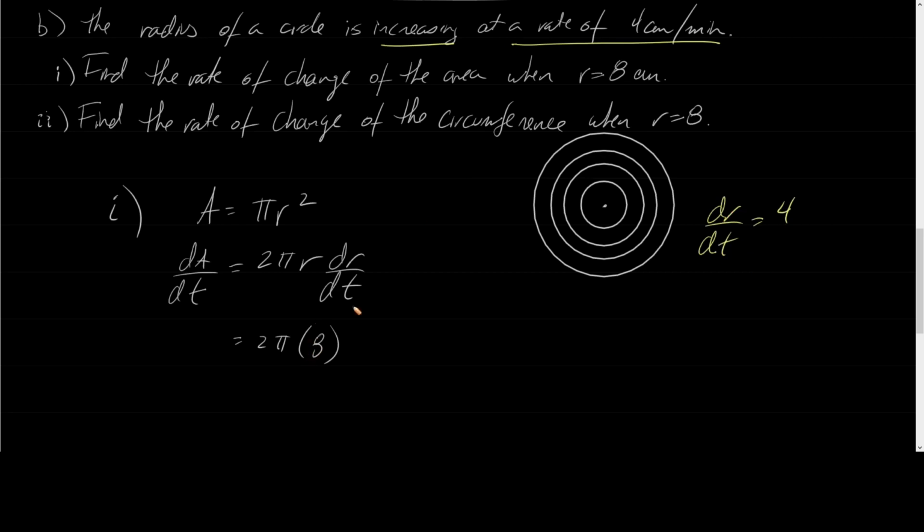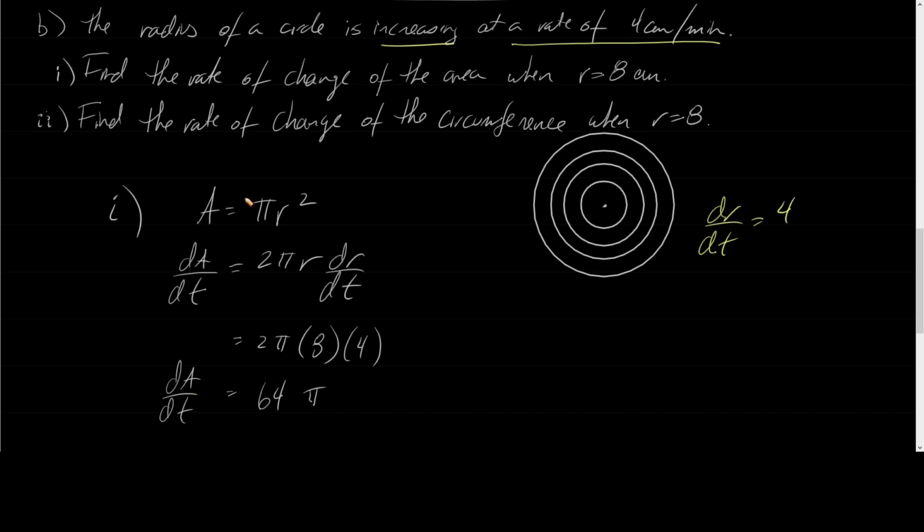So 2 times 4 is 8, times 8 is 64. So here I end up with 64 pi, right? So that's dA/dt.